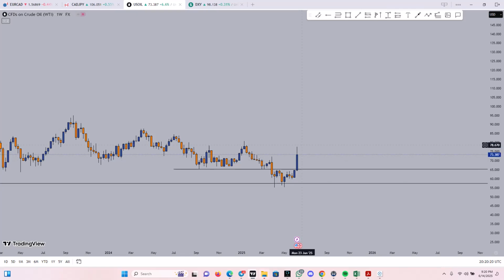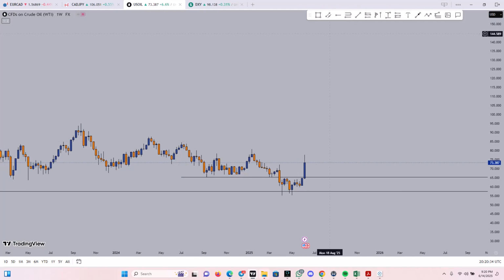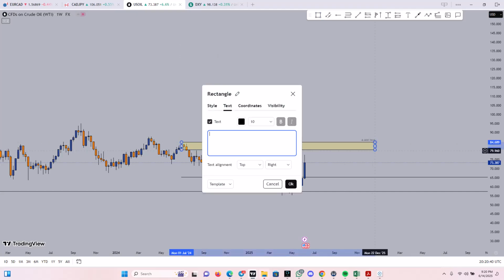Then the upcoming week, I just want to see a good reaction of this area here. Once we get a good reaction of this area, I'm holding to this level here. This is where I'm going to be holding.